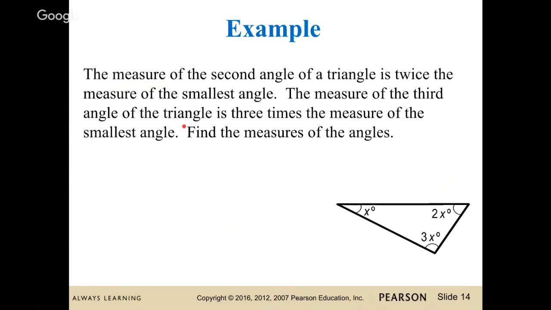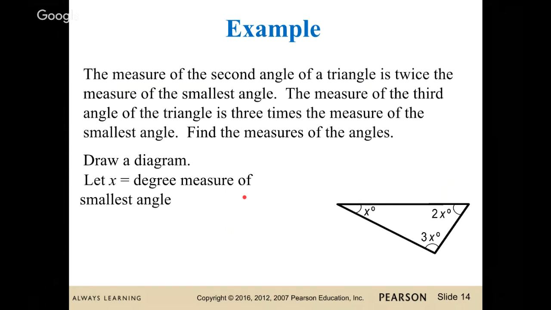Now, they're looking for find the measure of the angles. So they're going to want more than just x. They're going to want you to find x, then find 2x, and then find 3x. And you guys should know by now what the measure of all the angles of a triangle are.